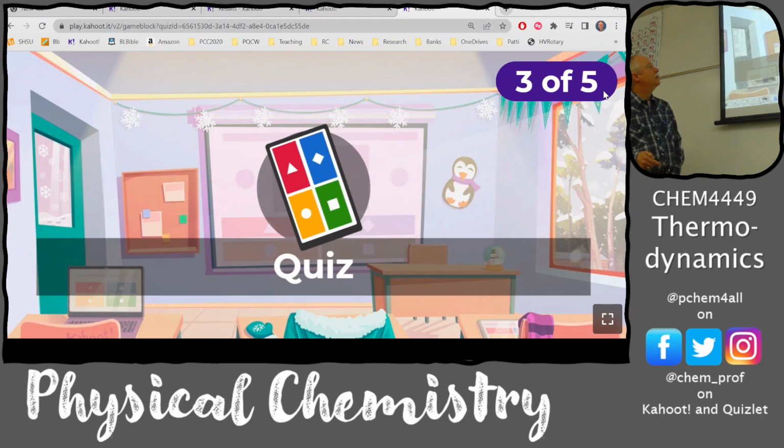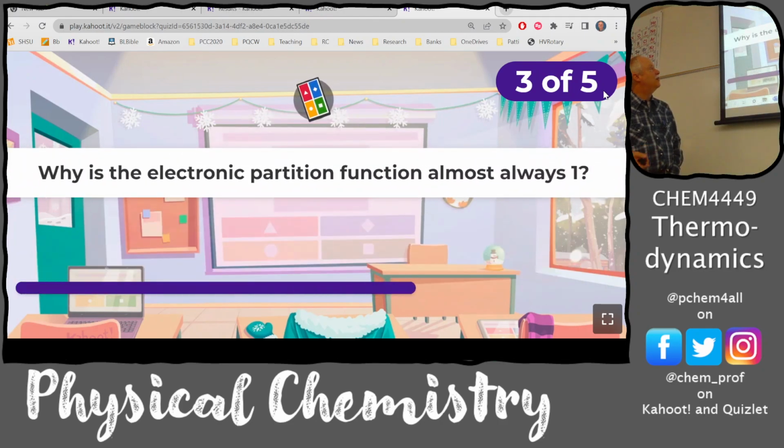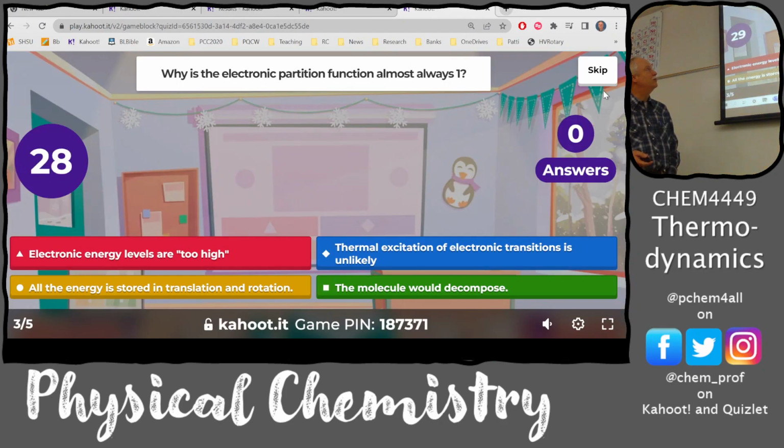Okay, a little shake up there. Look at that. Why is the electronic partition function almost always 1? Pick your best or favorite one. There may be more right answers than just one.